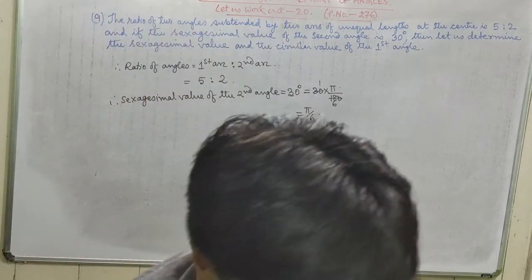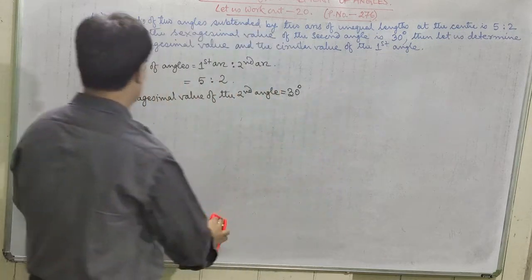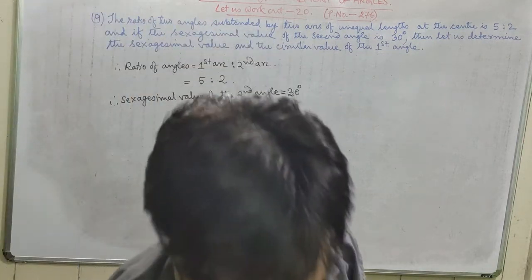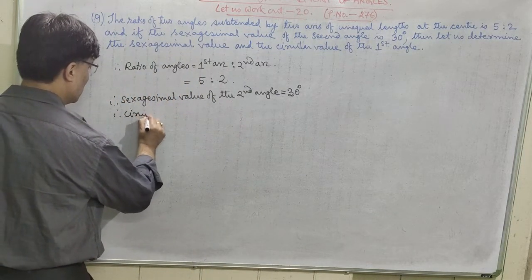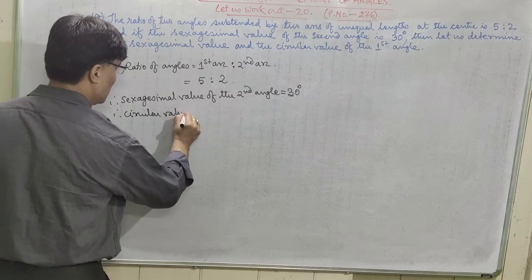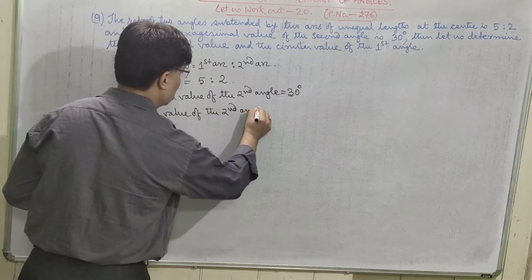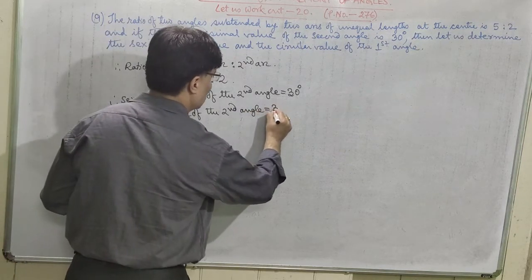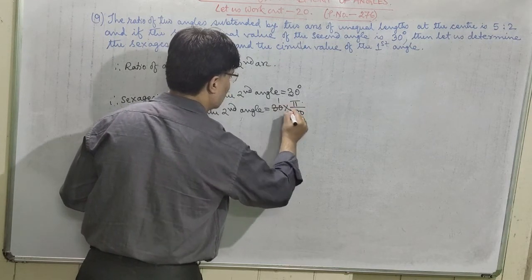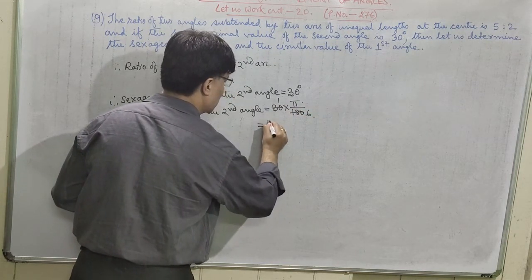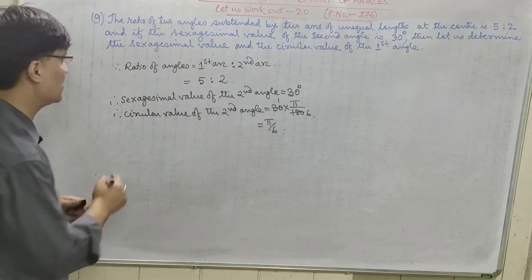Therefore, let us find out the circular value. Circular value of the second angle is equal to 30 multiplied by pi by 180. 31s are 30, 36 are 180, which is equal to pi by 6. What is the circular value of the second angle? It is pi by 6.